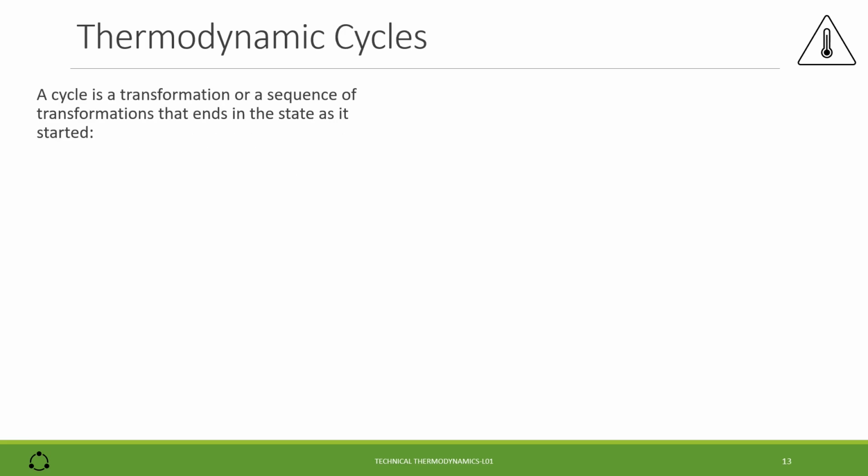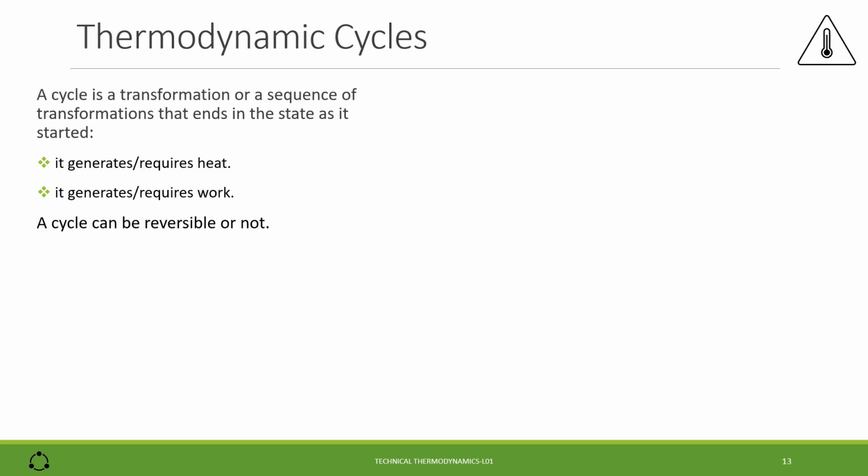A cycle is a transformation or a sequence of transformations that ends in the state in which it started. It generates or requires heat, it generates or requires work, and can be reversible or not, as we have seen in the previous slide. It is reversible if all transformations are reversible.